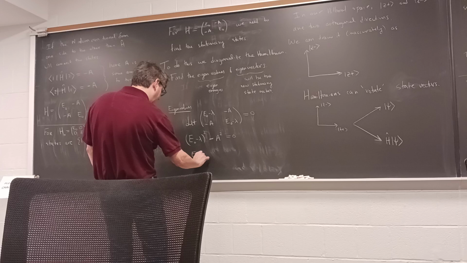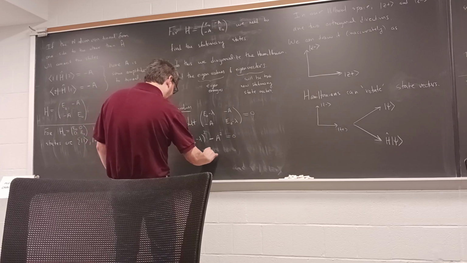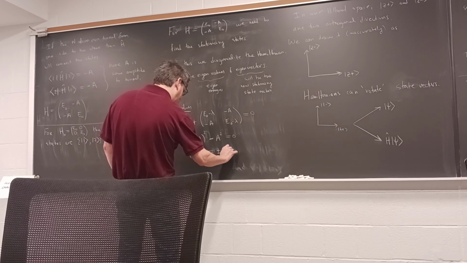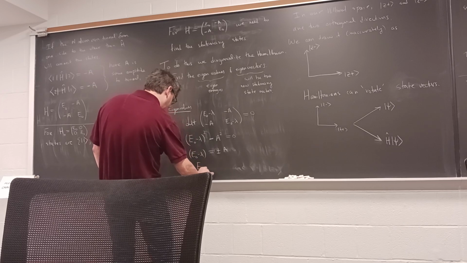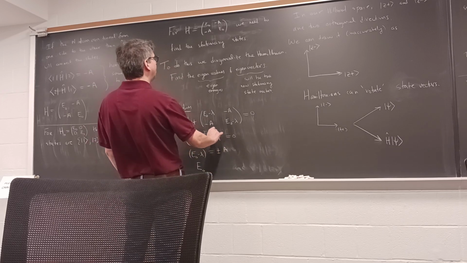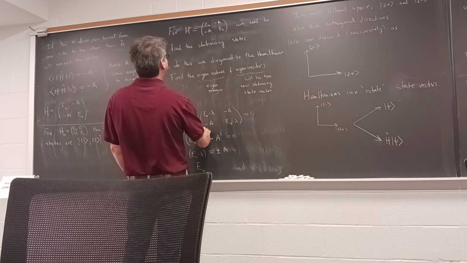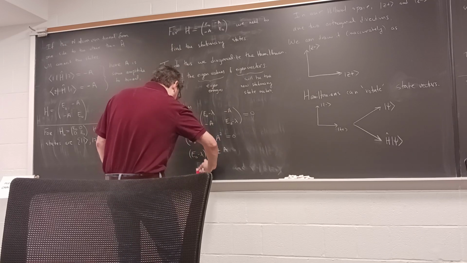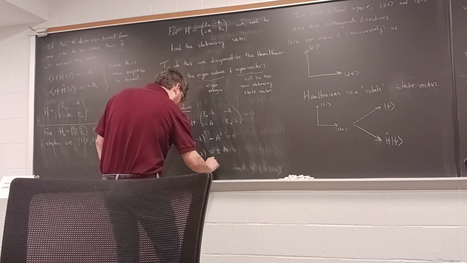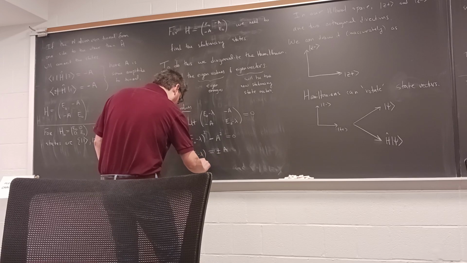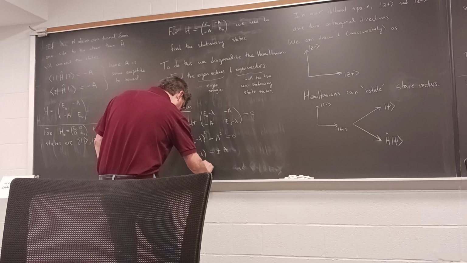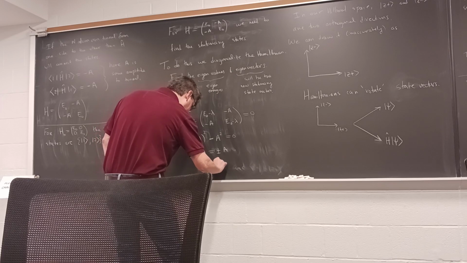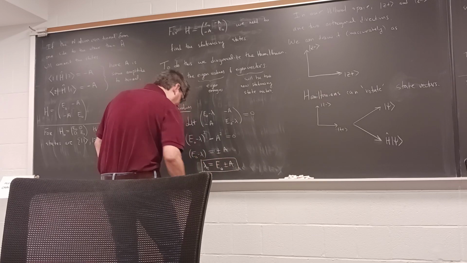We'll have E0 minus lambda is equal to plus or minus A, so lambda is equal to E0 plus or minus A. Okay, so we have lambda plus minus.